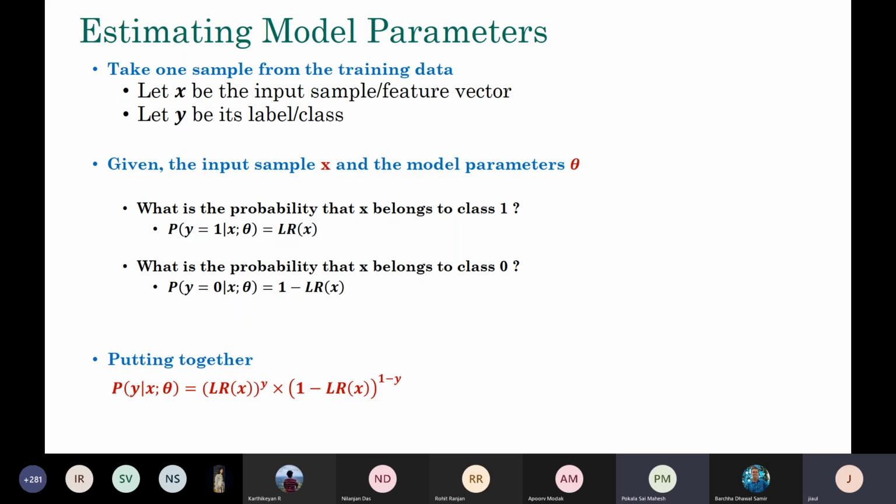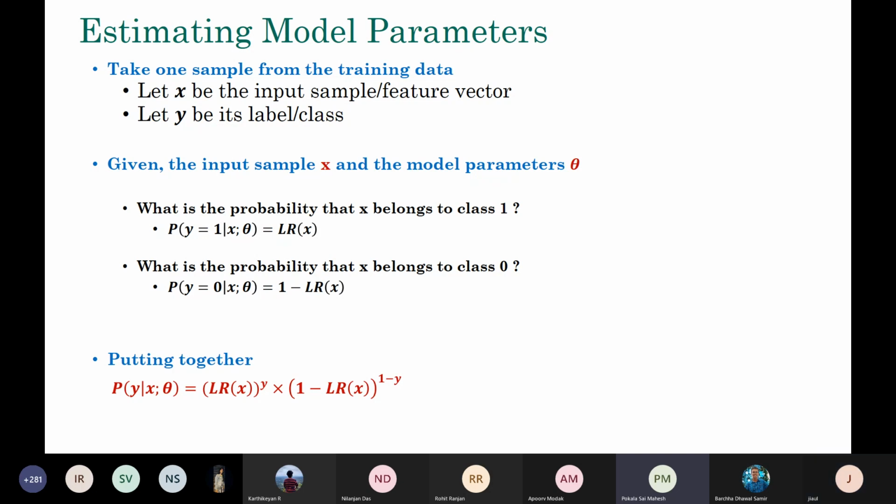If you follow my steps, from the previous two lines I had y equals 1 or 0. I'm putting them together into a generic form using y only, reorganizing my expression to put these two equations into a single equation.